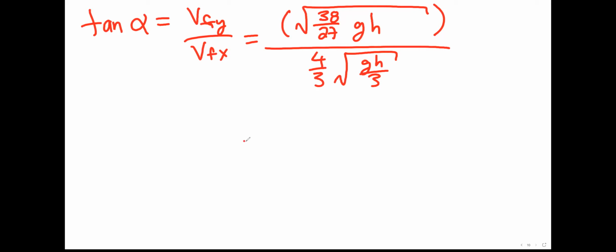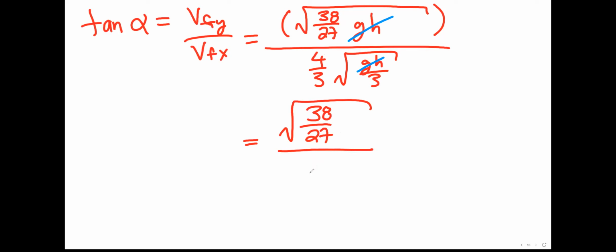Then we have square root of GH and square root of GH, those are both gone. What we end up with is the square root of 38/27 divided by 4/3 times the square root of 3.